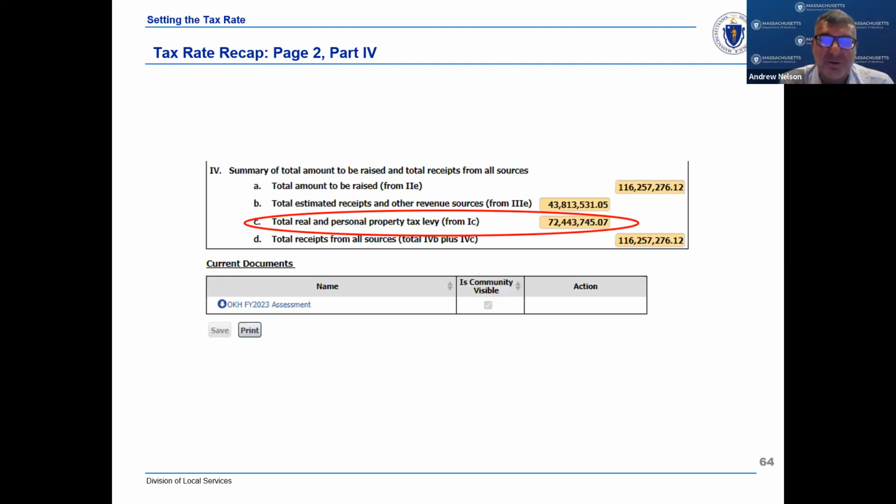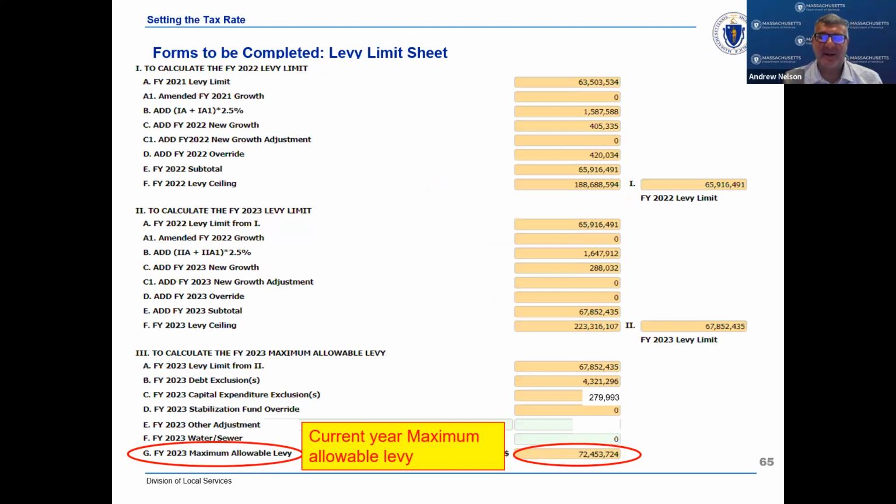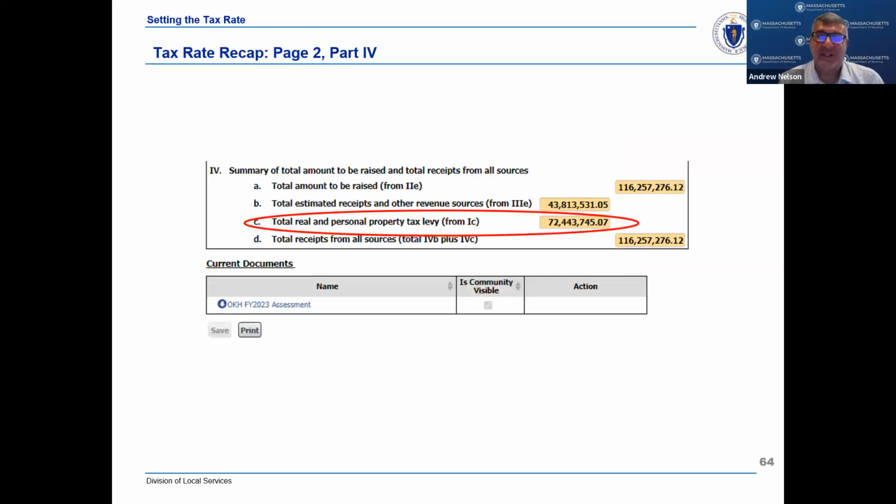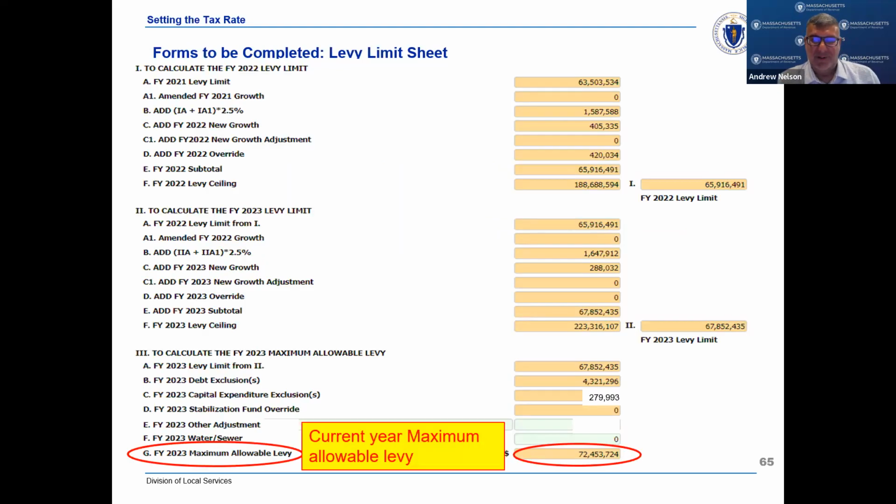The first thing you do at that point when you see that number is go back to the levy limit sheet and make sure that that number fits within it. You want to scroll back and forth for 1 second, Tom, between those two? So we need 72,443,000. Next one, Tom. We have space of 72,453,000. So we just make it.